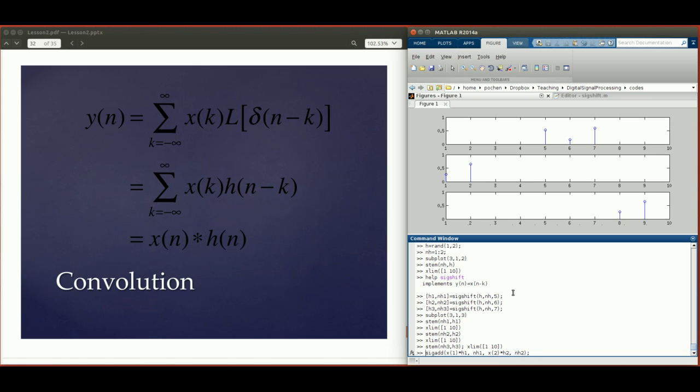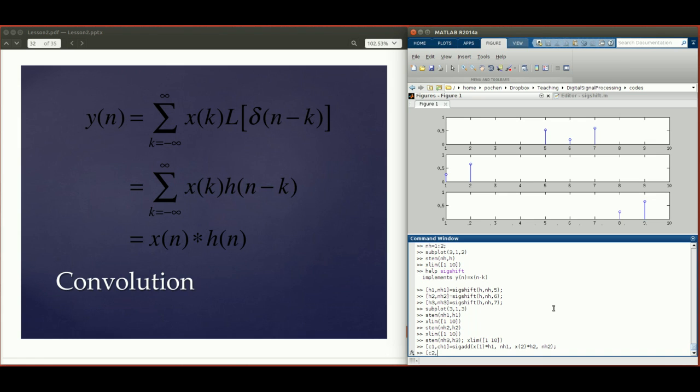Let's store it into a temporary variable. Let's call it C1, CH1. And then we'll have to add C1, CH1 to the third shifted signal, which is basically H3, NH3, right?